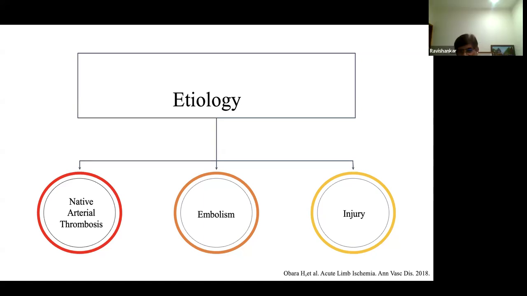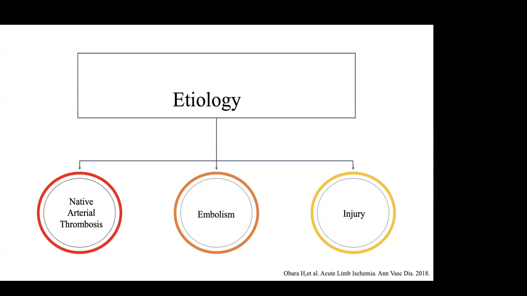Okay, right. And any particular reason why the dissection is more common in the ascending, the arch and the descending aorta rather than in the abdominal aorta? Is it because of the support of the retroperitoneal structures to the abdominal aorta? Sir, two reasons. One is the area beyond the left subclavian.